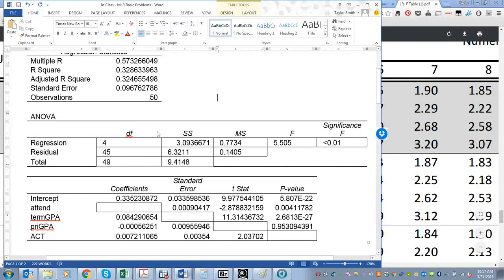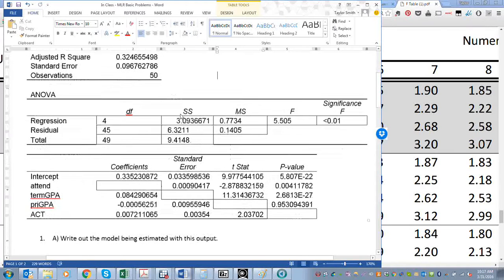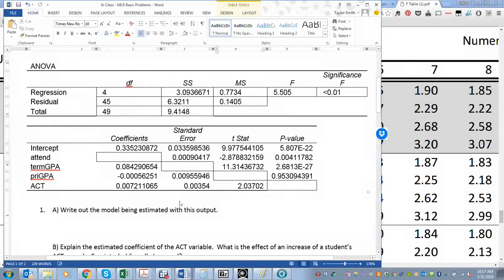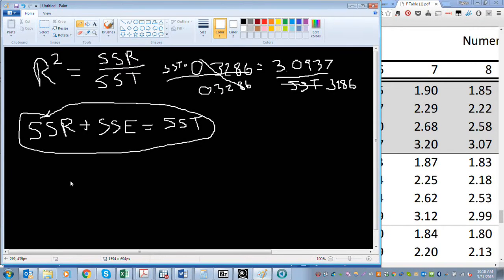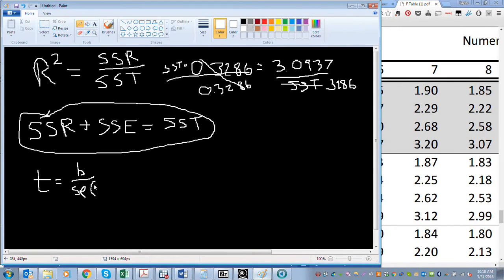All right, so that's filling in this whole ANOVA table here. Let's jump down to the next one and fill in this regression output table here. Now, the way to fill in the first three is just to remember a basic formula: the t-statistic is equal to our coefficient, which is our little b, divided by the standard error of that little b.